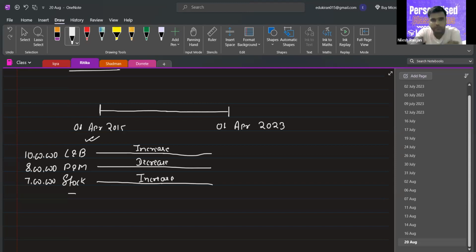So generally, stock price increases because the product you purchased has the effect of inflation on it. Now land and building will increase. So let's say it becomes 15 lakh here. The machinery becomes 6 lakh here, and the stock becomes 14 lakh.